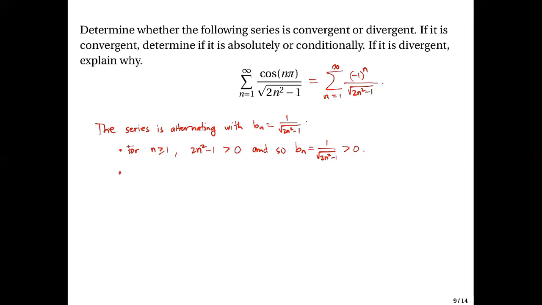Now, as n increases, the square root of 2n squared minus 1 also increases, so b sub n decreases.